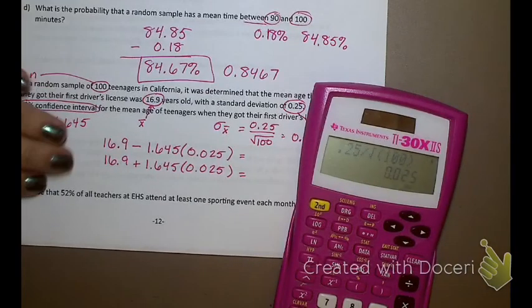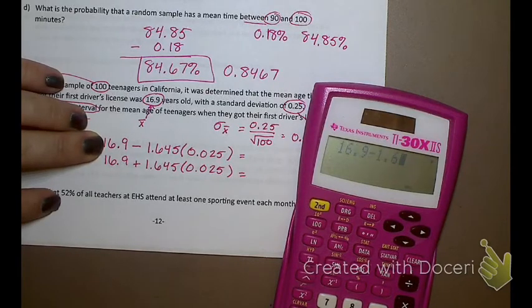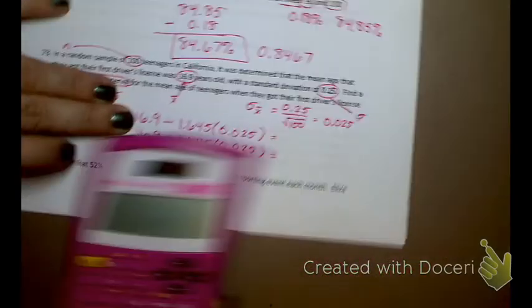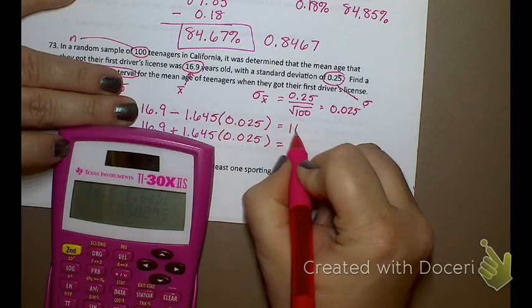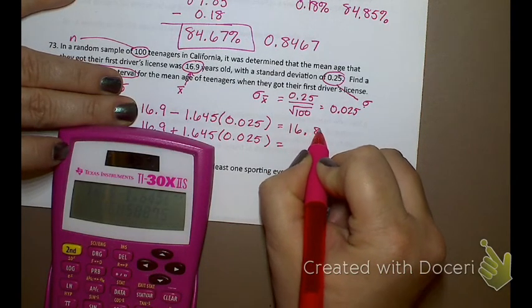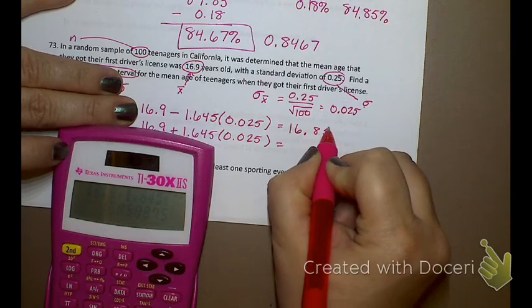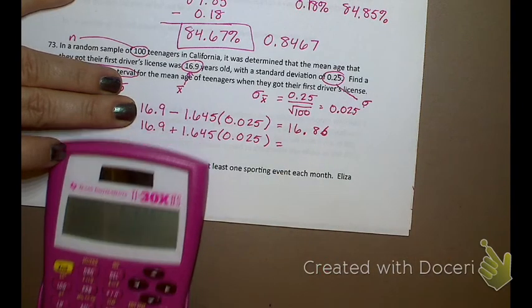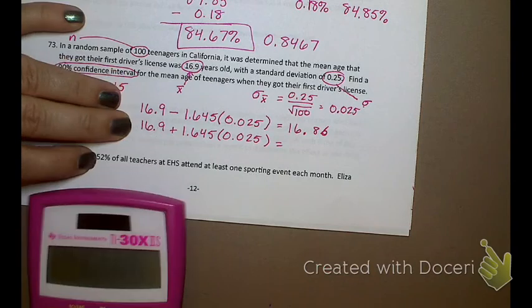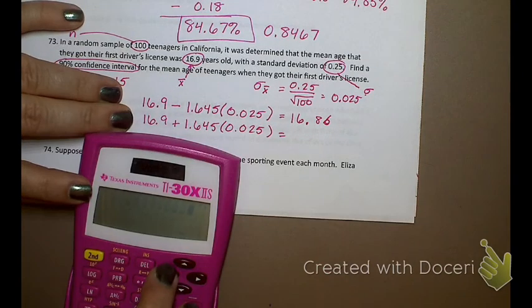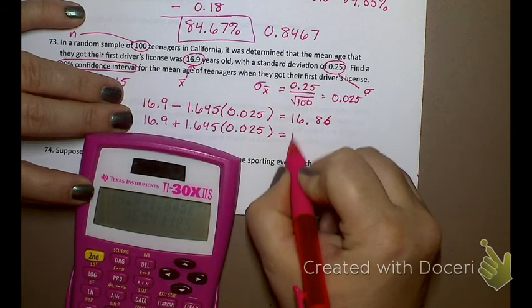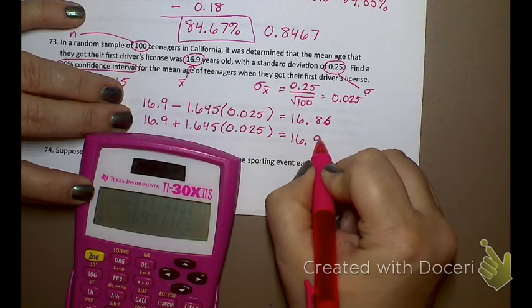So 16.9 minus 1.645 times 0.025. And I get a really long decimal, 16.859, we'll call it 86. Okay, and then if I change that minus to a plus, I get 16.94.